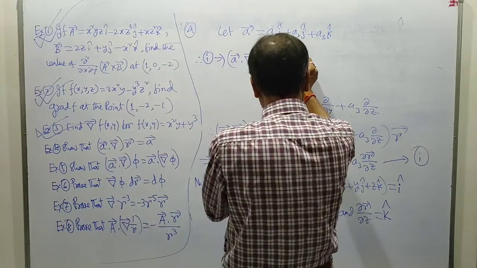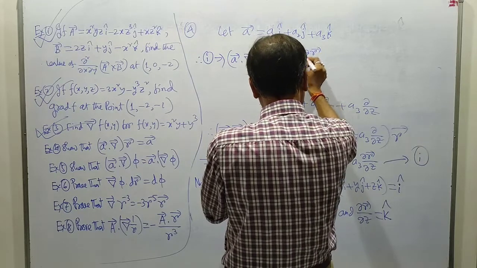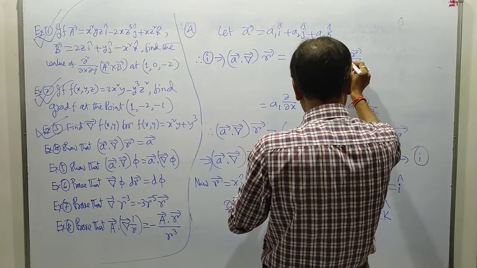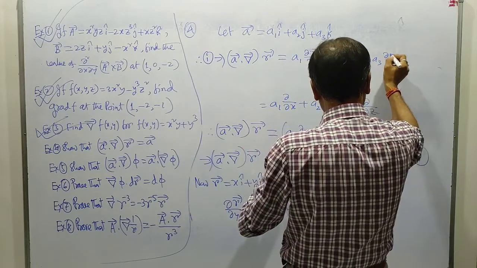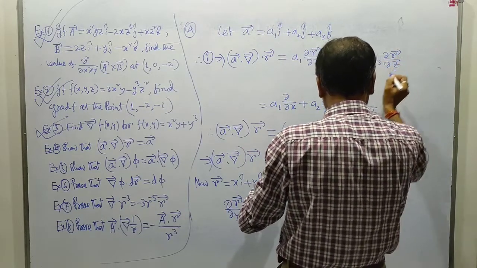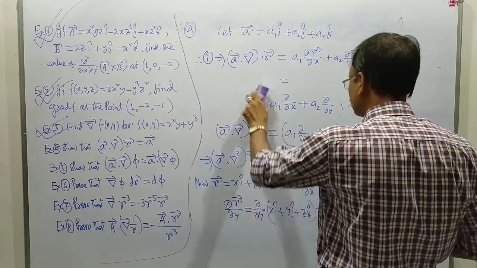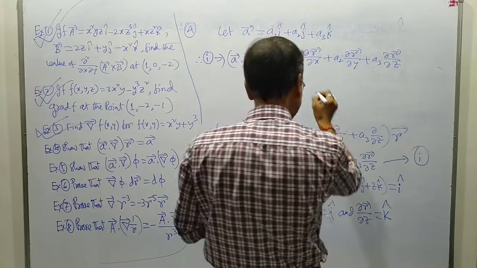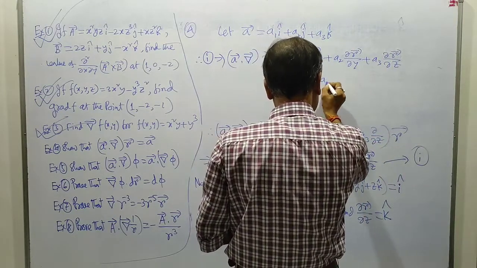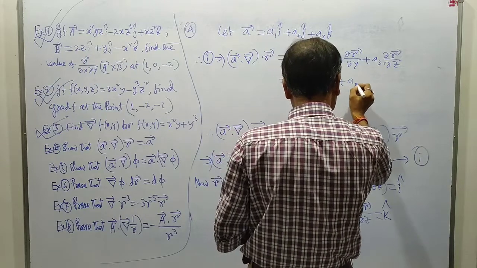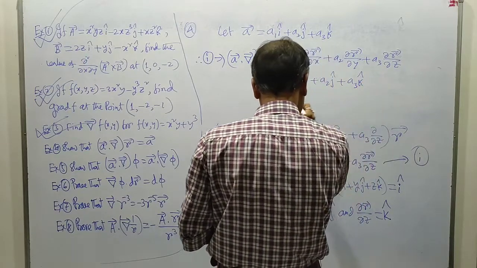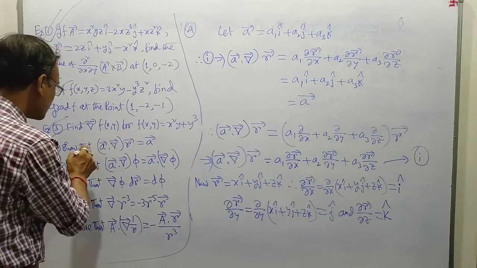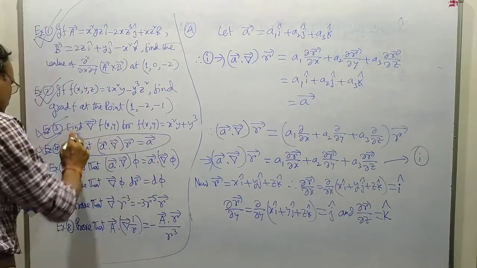This is equal to a1 i cap plus a2 j cap plus a3 k cap, which is equal to a vector. We have proved number 4.